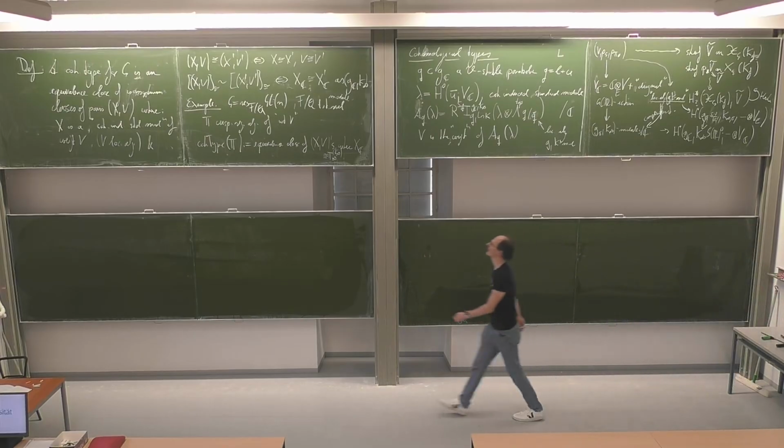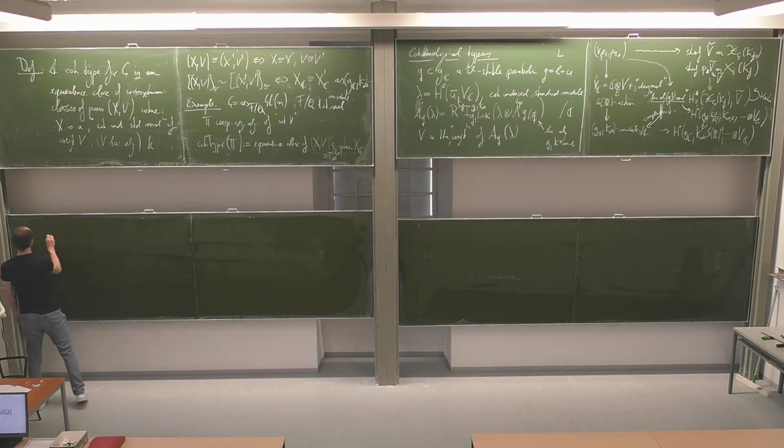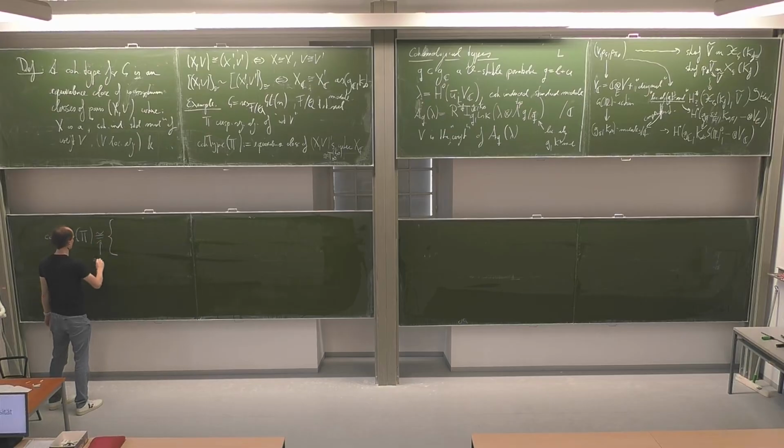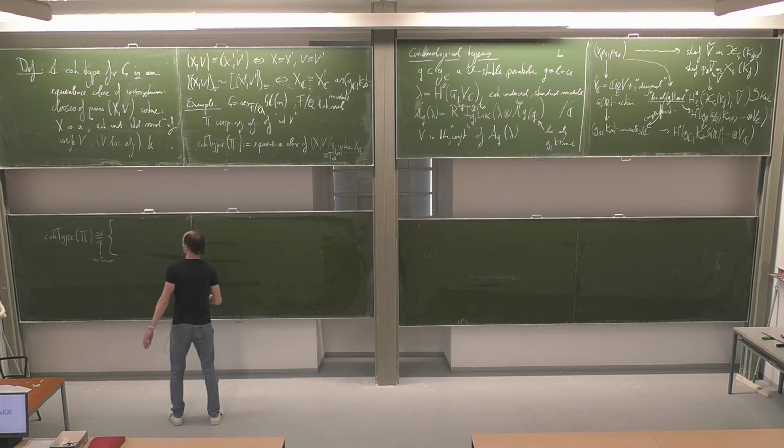So what happens in this case? There are two cases. The cohomological type of such a pi is either in a canonical bijection, so a certain torsor. So this is not canonical. The bijection is not canonical, it's base point free. You need to choose a base point.